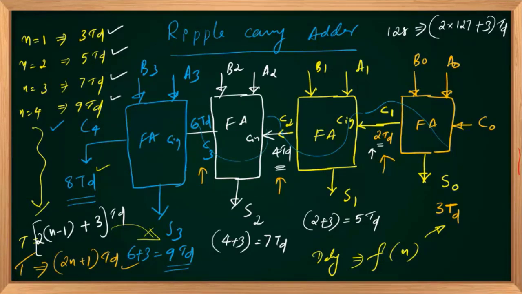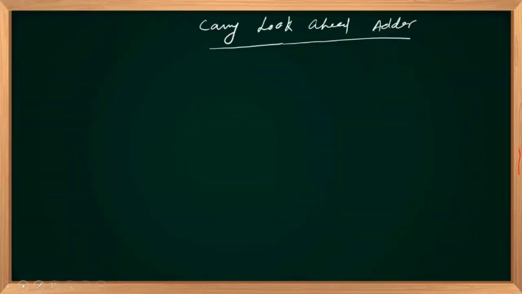Instead, we will connect the carry out directly to the carry in of respective stages by deriving the respective carry outputs, right? So let me make it clear. In the earlier case, we have to wait for carry out from the previous stage. Here, what we'll do is we'll connect full adders like this, right?